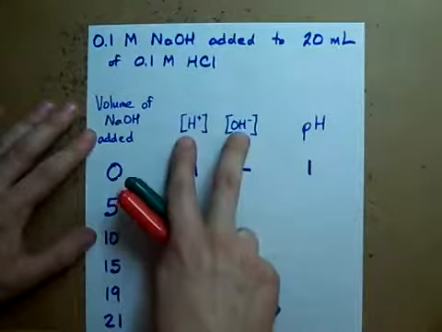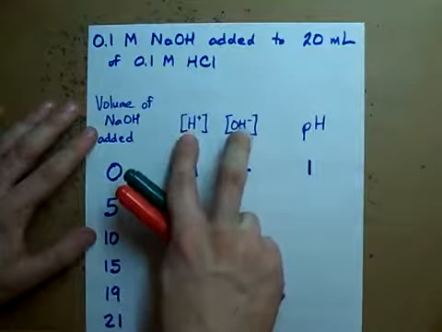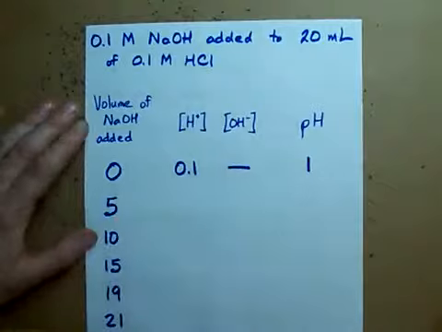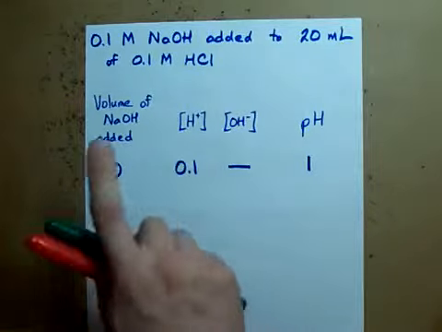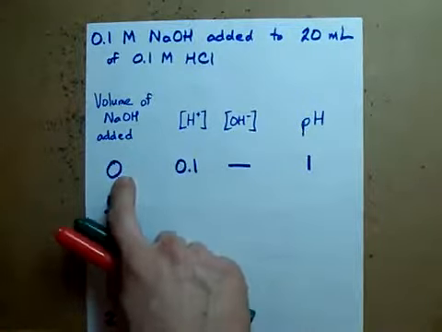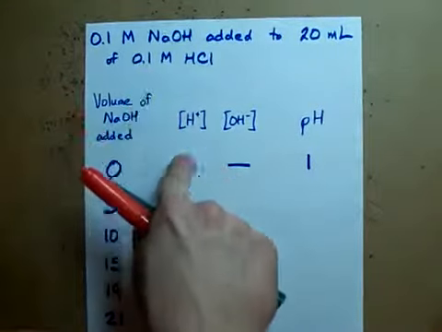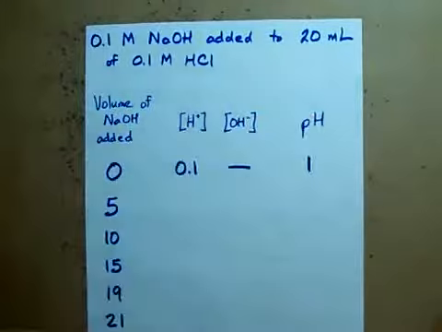I'm going to figure out what my concentration of H plus and OH minus are, and figure out what the pH is at every step of the way. So, before I add any NaOH, the concentration of H plus is 0.1, because that's the concentration of my HCl, and it's a strong acid.